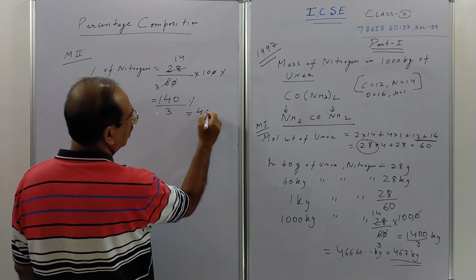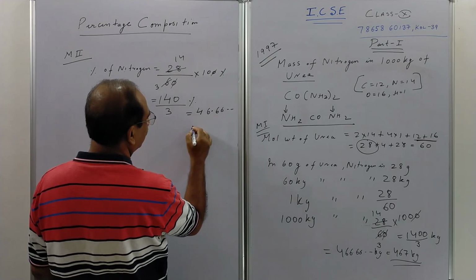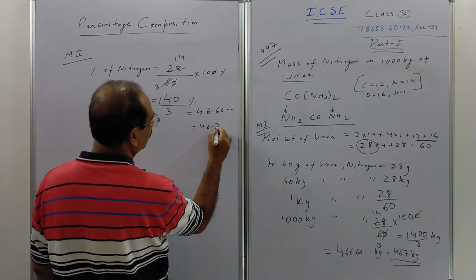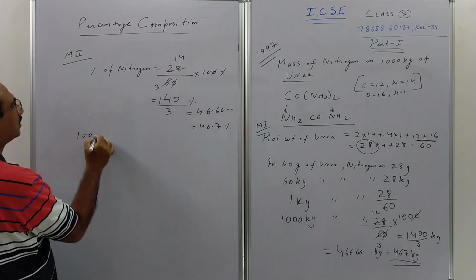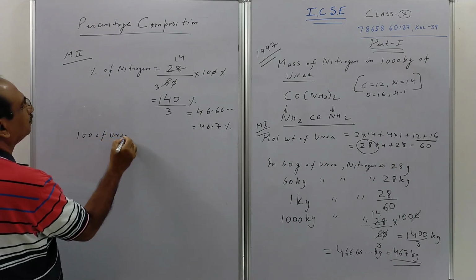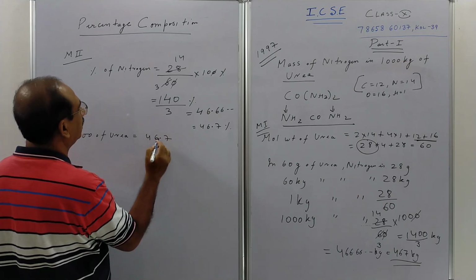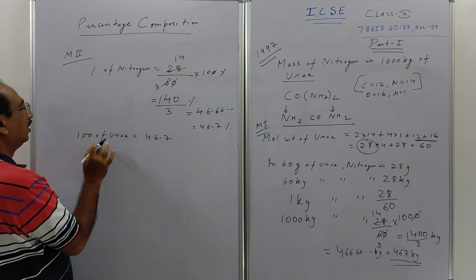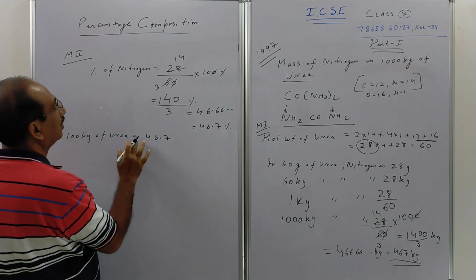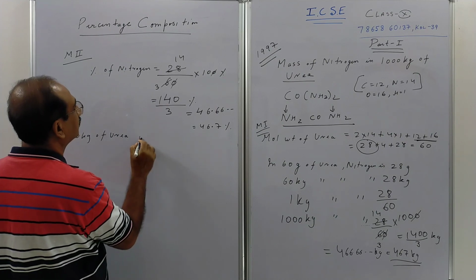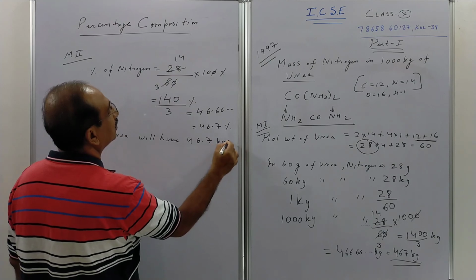This will be 46.66, like this will go. So we get 46.7%. So percentage means of urea, 100 kg of urea will have 46.7 kg of nitrogen.